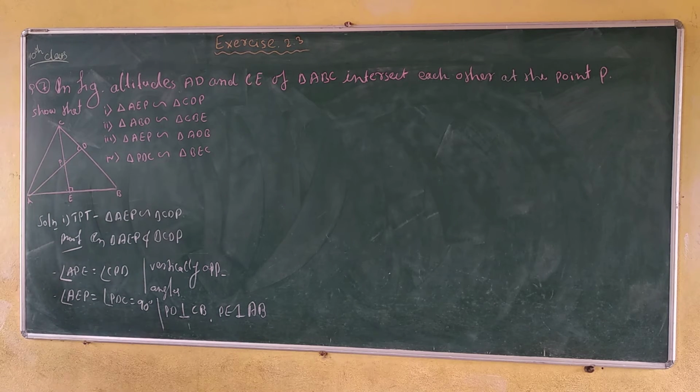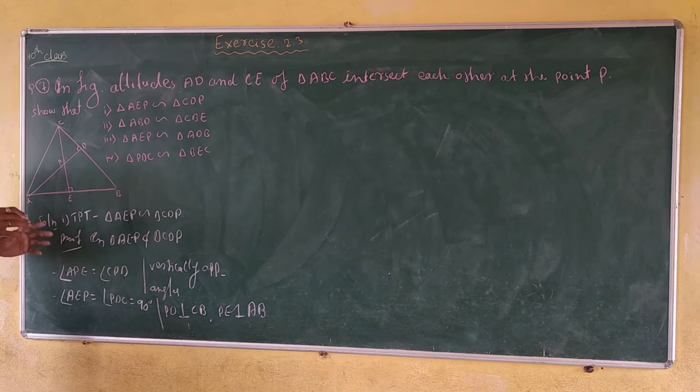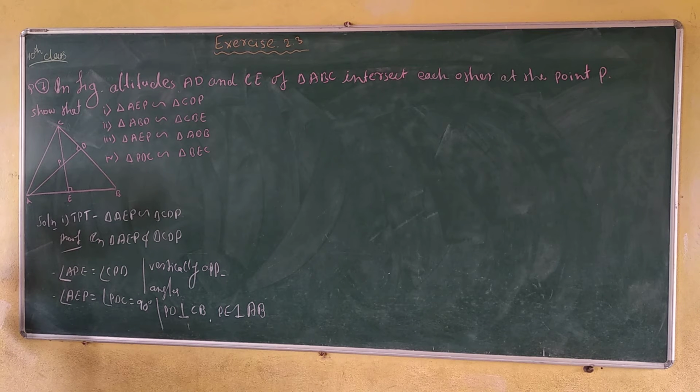The remaining angles are angle A and angle C. If two corresponding angles are equal to each other, the remaining one angle is also equal. The corresponding angles are equal to each other.